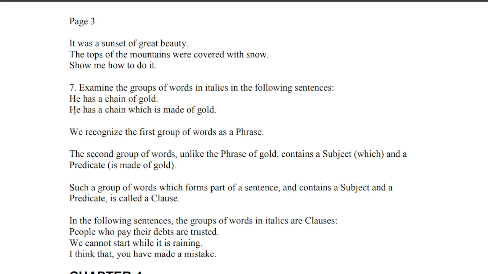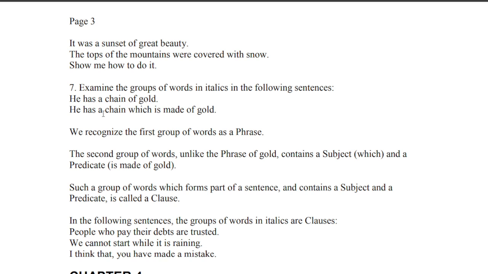Now, this sentence, he has a chain of gold, can be transformed into another sentence consisting of two clauses. He has a chain which is made of gold.